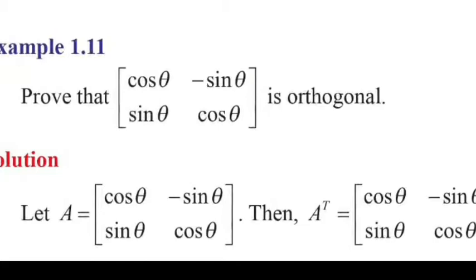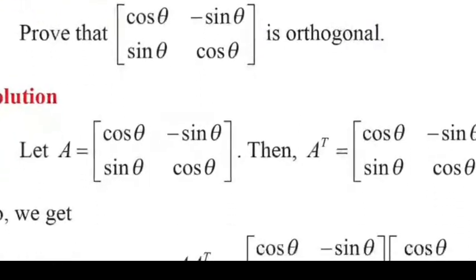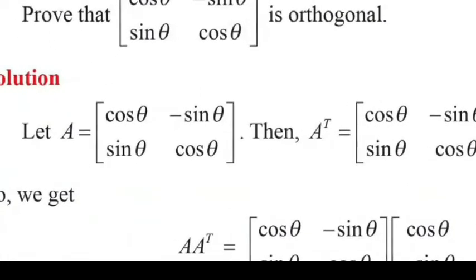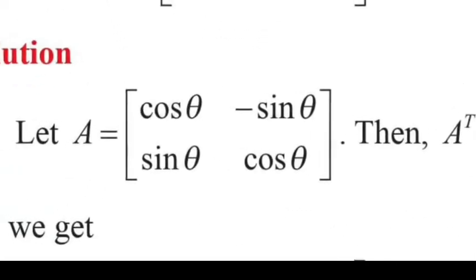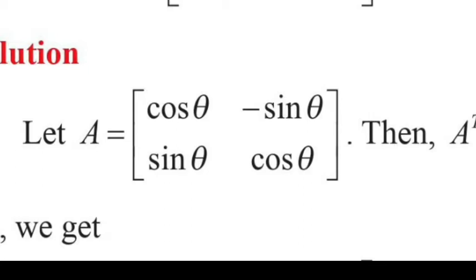You want to prove that the matrix is orthogonal. I already told you, we assume that the given matrix is A. So therefore let A matrix equal cos theta, minus sin theta, sin theta, cos theta.